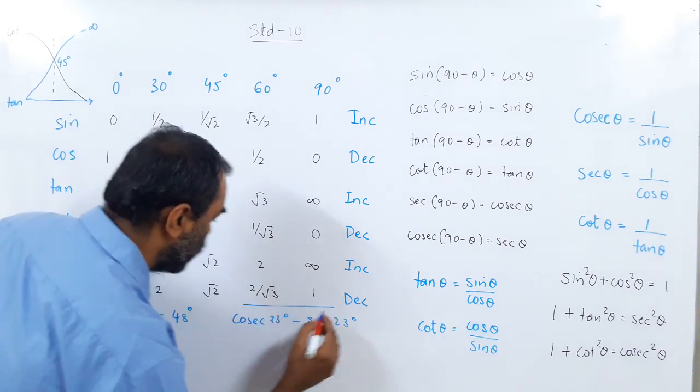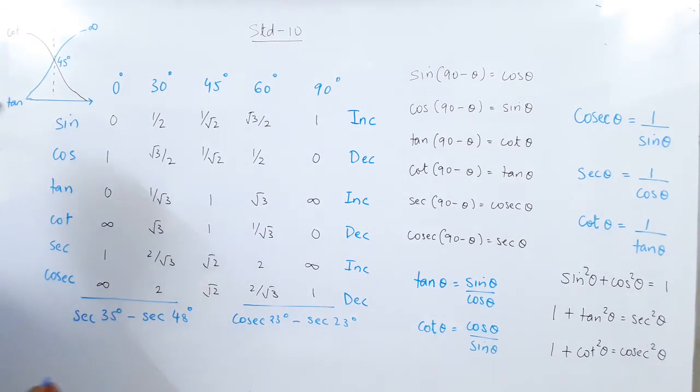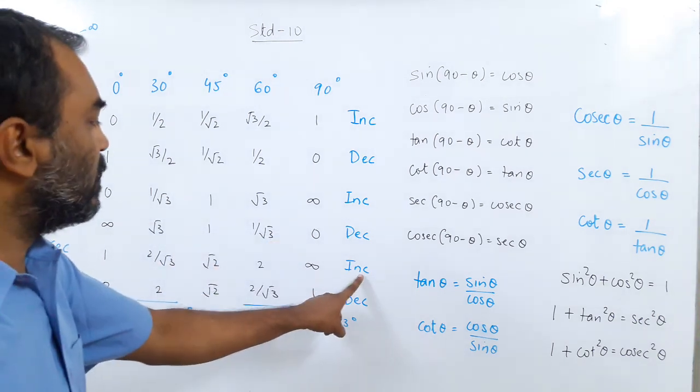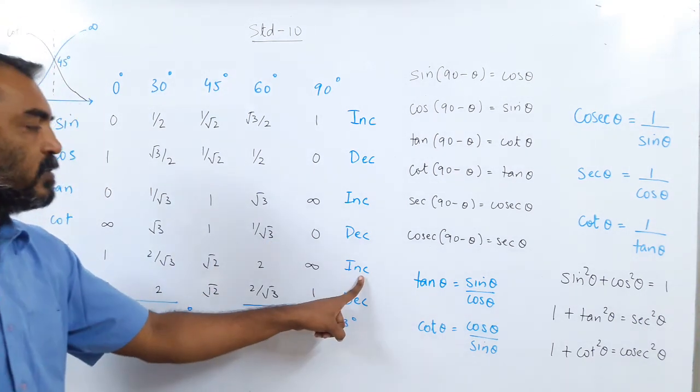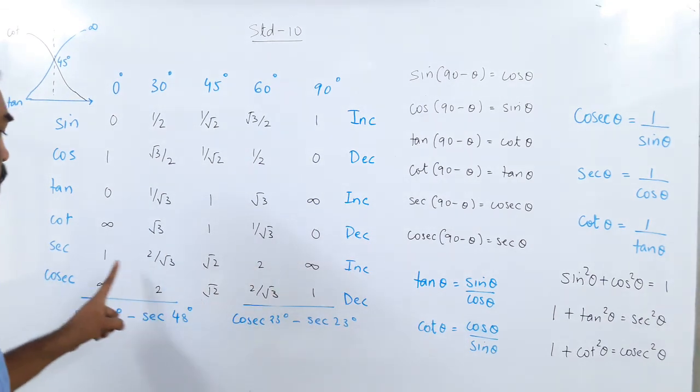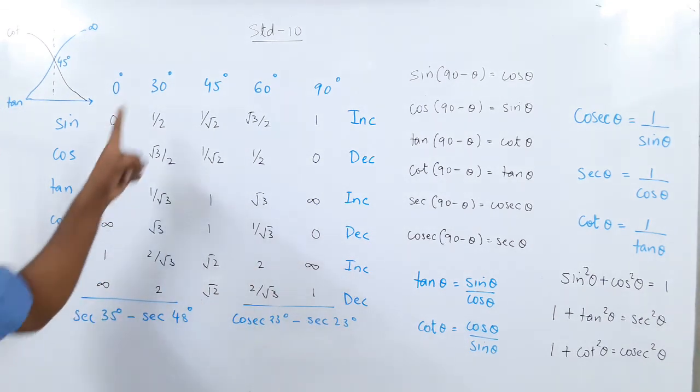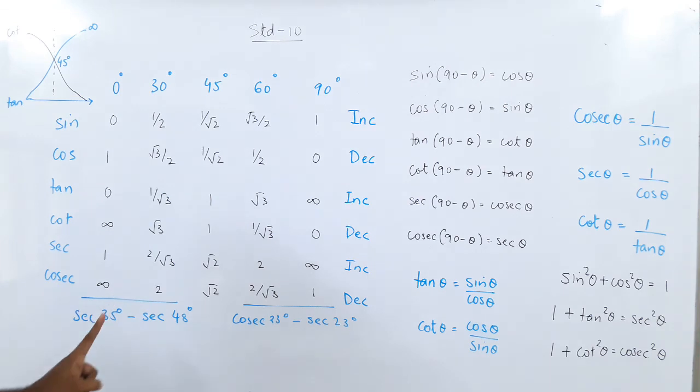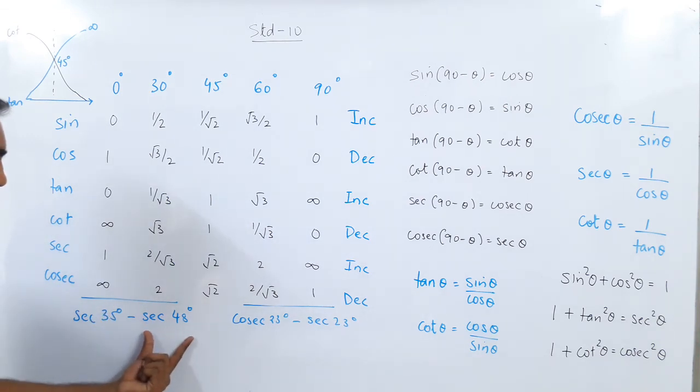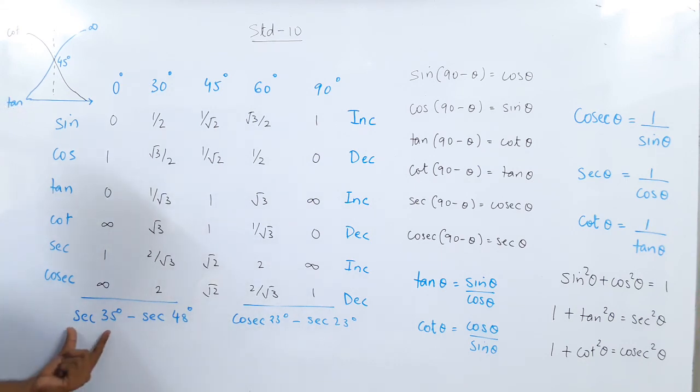Look at both of these sums. Let us try to understand now. This sum is purely in sec. So only look at sec. Sec is an increasing function. So what does an increasing function mean? Increasing function means higher the degree, higher the value. So 35 is smaller than 48. So sec 48 is bigger and sec 35 is smaller.